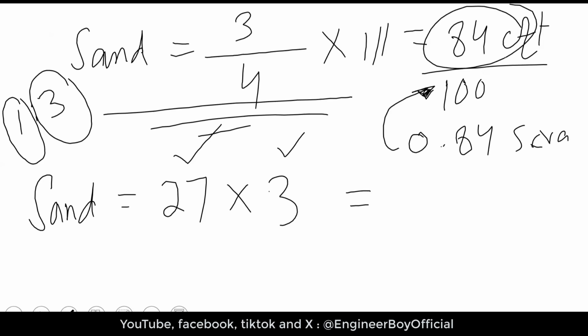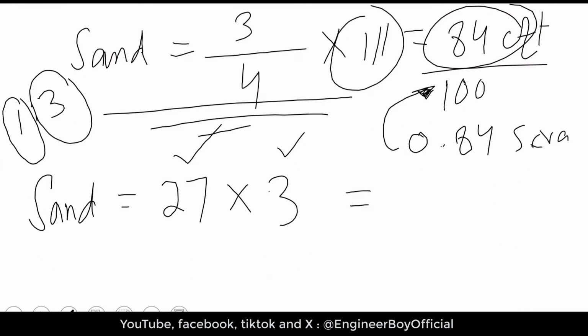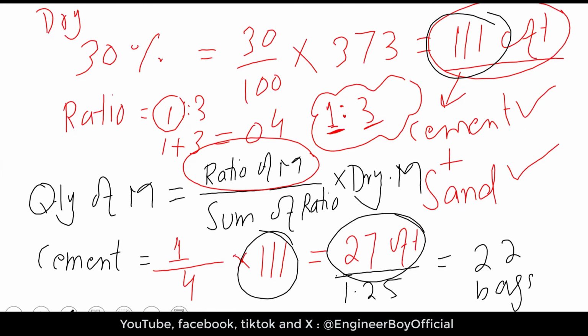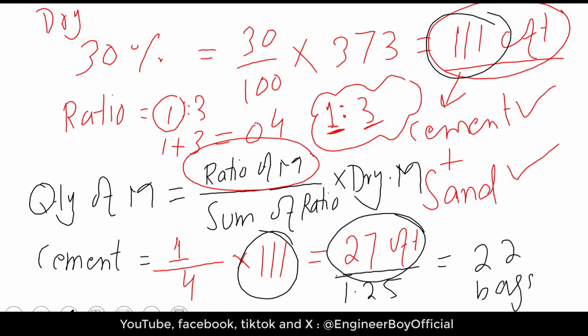Let's just confirm it. We have taken this thing as approximate, because I'm not using a calculator. You have to use the exact value in order to calculate these things. Like if you remember, we have just labeled 111.